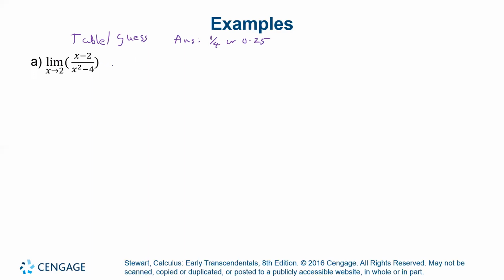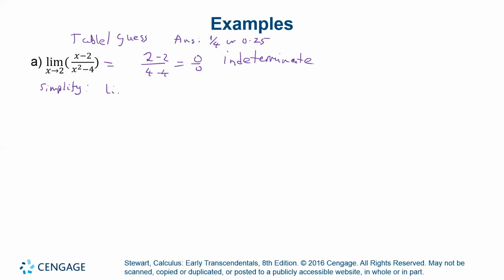If I substitute directly, I'm going to have 2 minus 2 over 4 minus 4, which gives me 0 over 0. This is indeterminate. But I can use algebra to simplify.